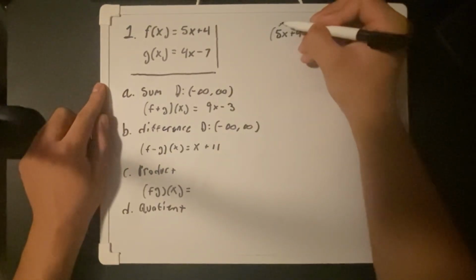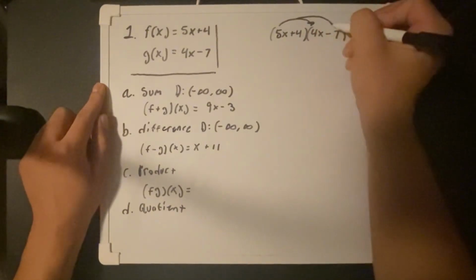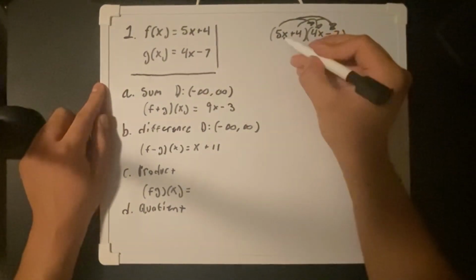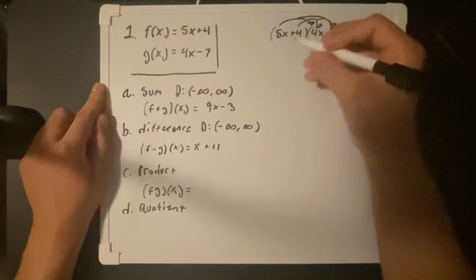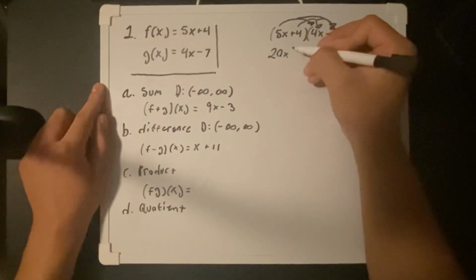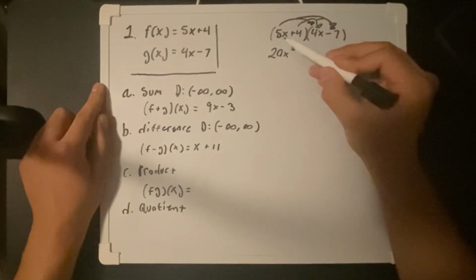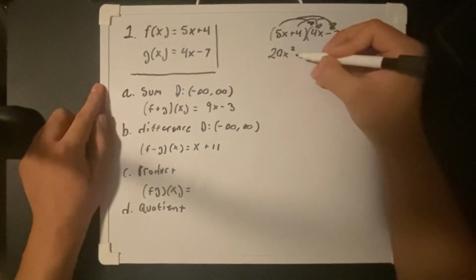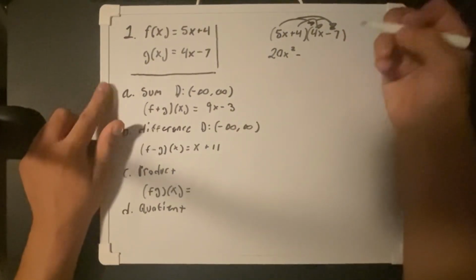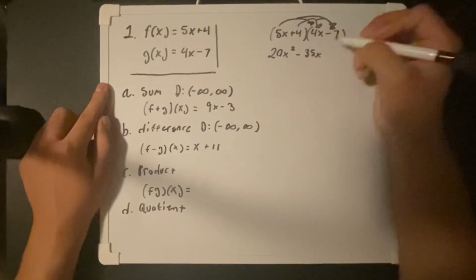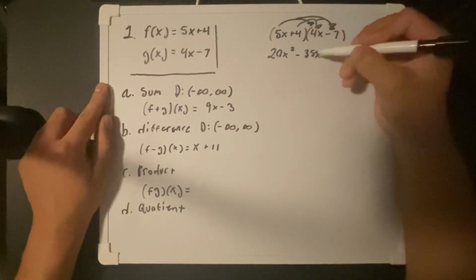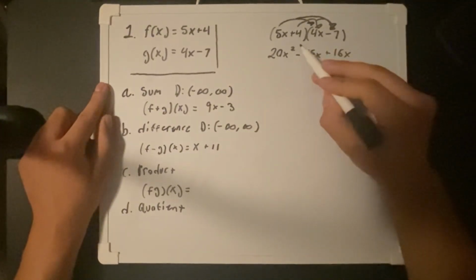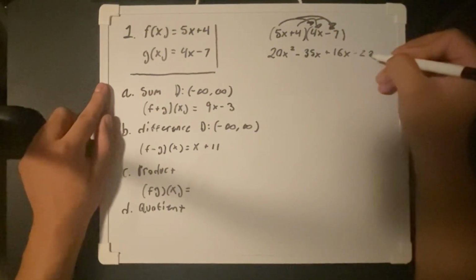Next up, we multiply the values, at least in the first parentheses, into each one. So for example, 5x times 4x equals 20x squared. 5x times negative 7 equals negative 35x. 4 times 4x equals 16x. 4 times negative 7 equals negative 28.